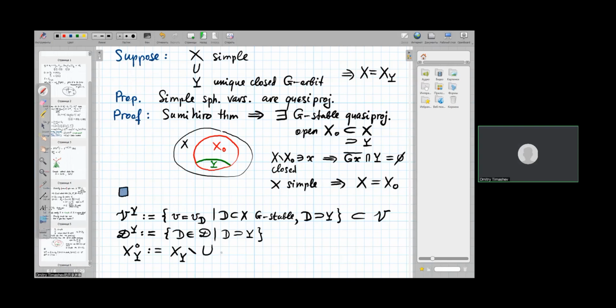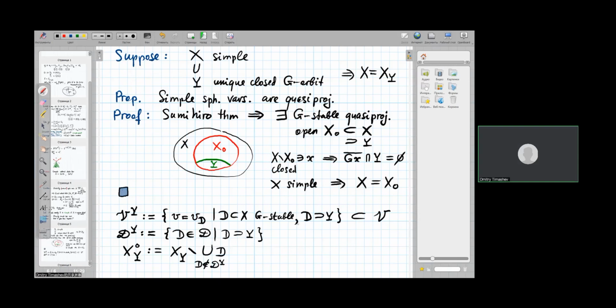So we remove all colors which do not contain Y in their closure, all colors D sitting outside this subset D over Y.